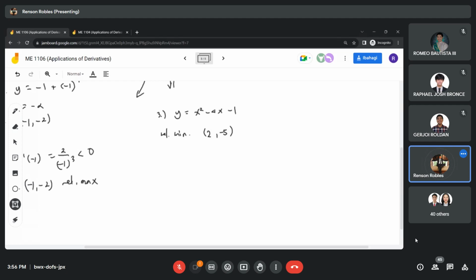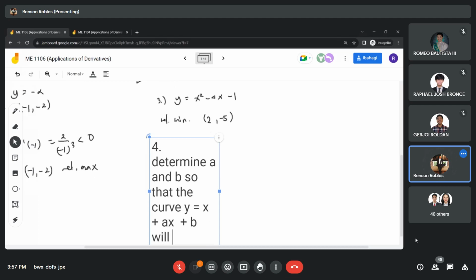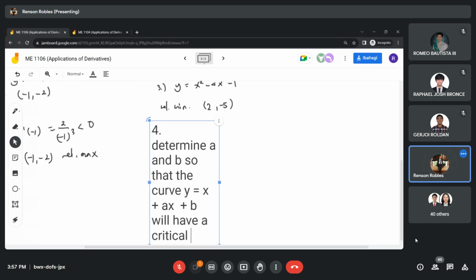Number 4. Okay, determine a and b so that the curve, mamaya kayo susunod yung curve, y equals x cubed plus ax squared plus b will have a critical point at 2,5.